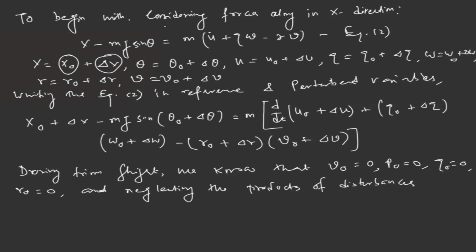Here basically the terms like, for example, del q into del w, or del r into del v, and so on. We are neglecting these terms because the magnitudes of these terms are very small.